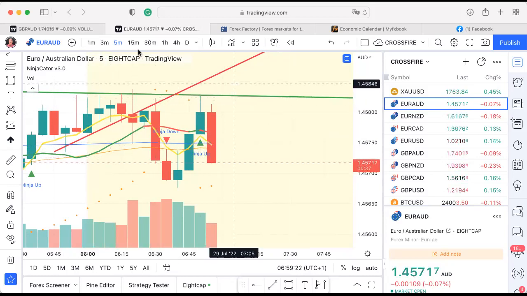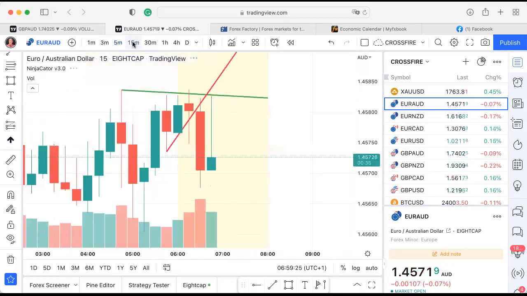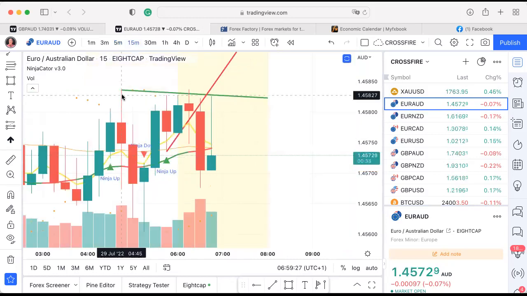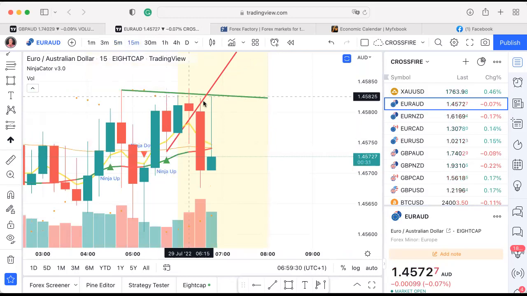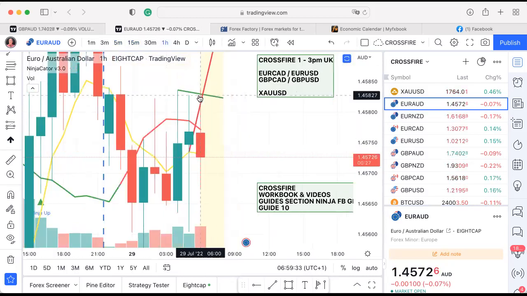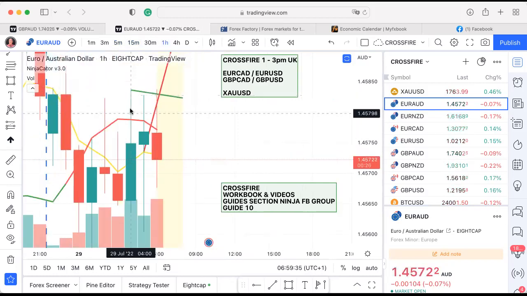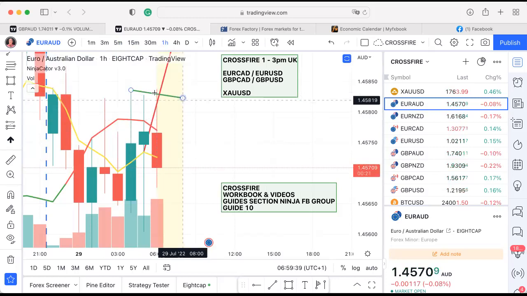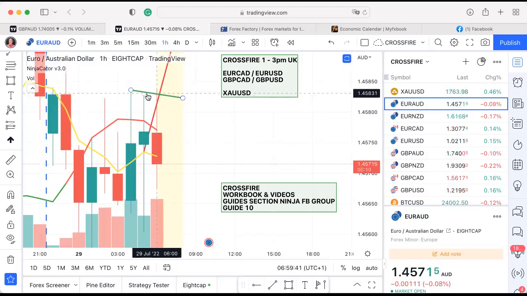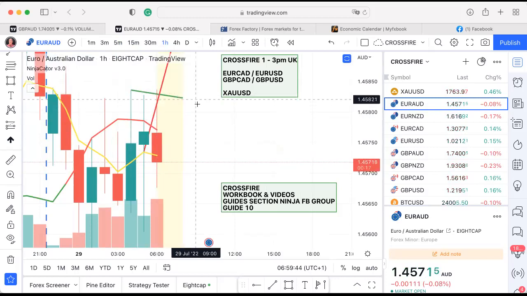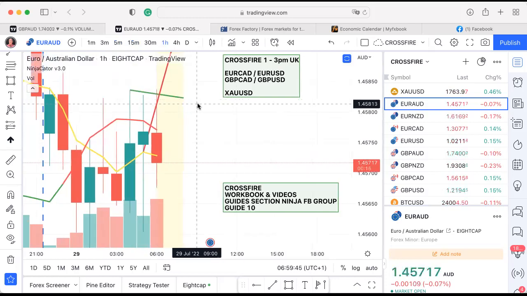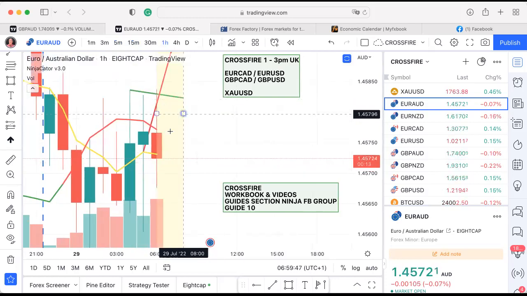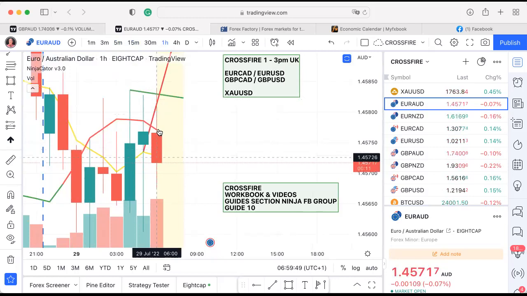If you go to a bigger time frame, you'll see the same thing. Look, tried there, tried there, tried there, tried there, tried there. Go to a 1 hour time frame. It tried there, it's failed. So that line is a real resistance. And so long as the sellers are dominant, it'll continue.